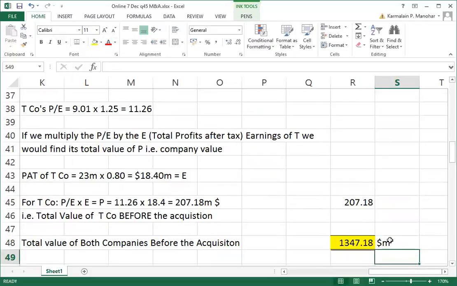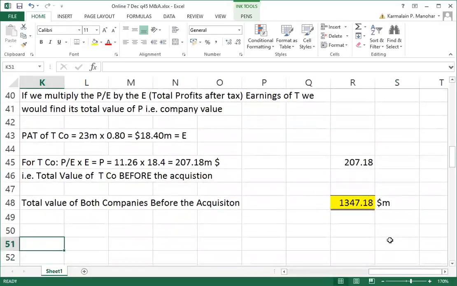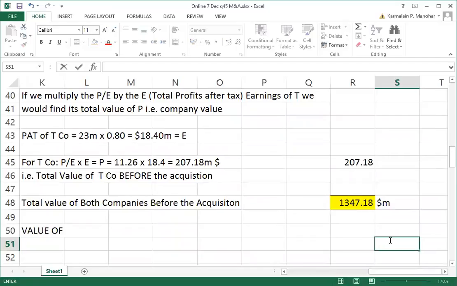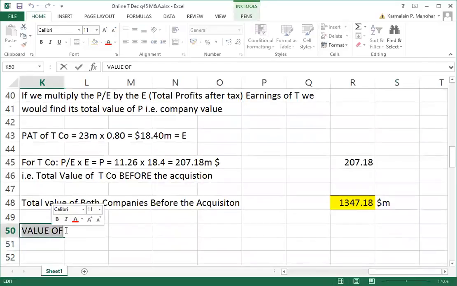Right, now the real work begins. We now need to value all of the long story that the question gave us to get the value after the acquisition. So this will compare to the value created, or value of the combined entity, or entities plural, because we have sell-off and all sorts of things going on after the acquisition.